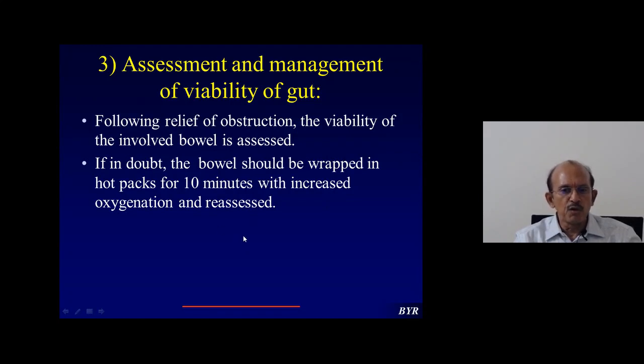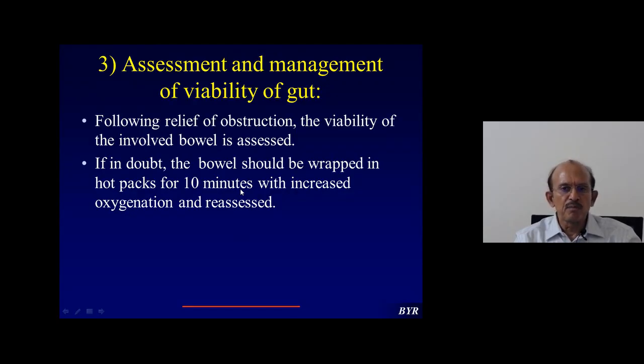For that, what you do is you keep a mop soaked in hot saline. You put that hot mop over the bowel for 10 minutes and you request your anesthetist to give 100% oxygen to the patient. Normally inspired air has only 20% oxygen.